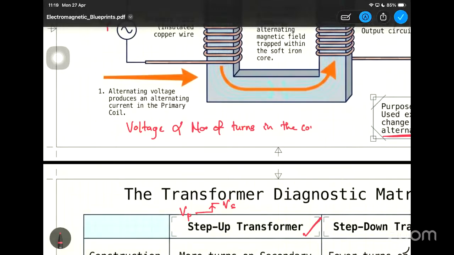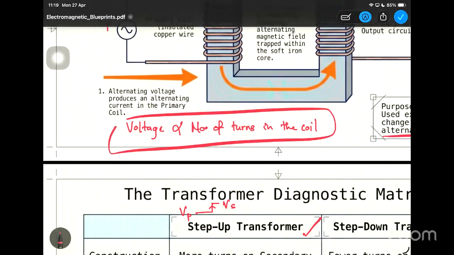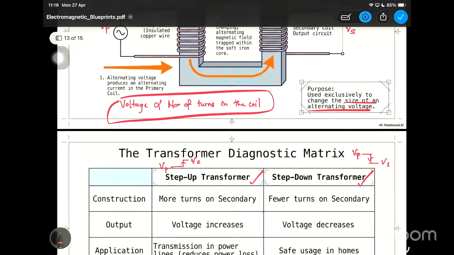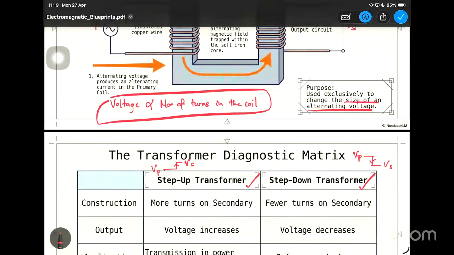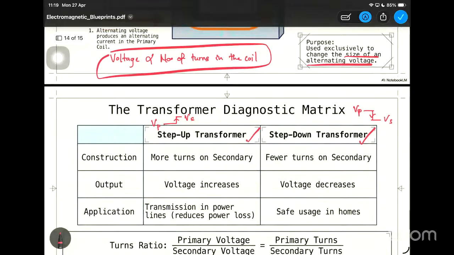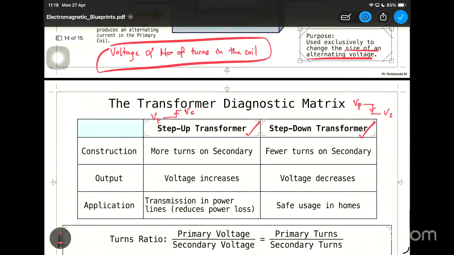So depending on the number of turns in the coil, the voltage will change. If you are using a higher number of turns in the coil, then you will experience a higher voltage. If you are using fewer turns in the coil, then you will have a low voltage. So the construction is given.